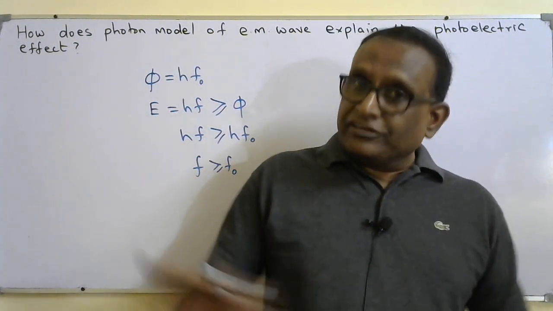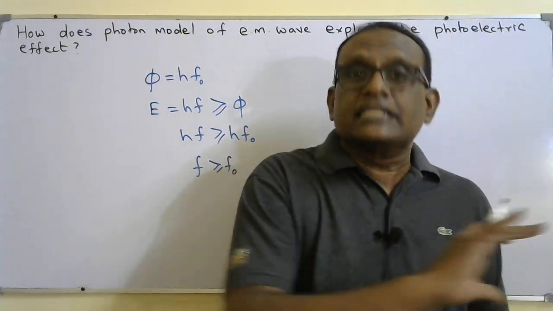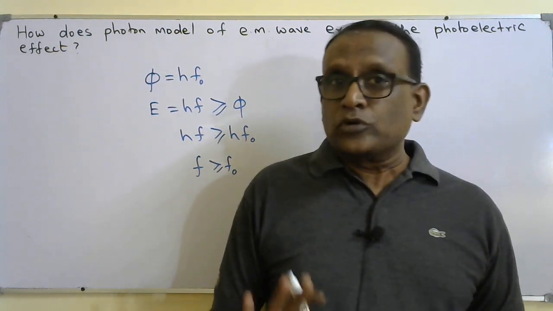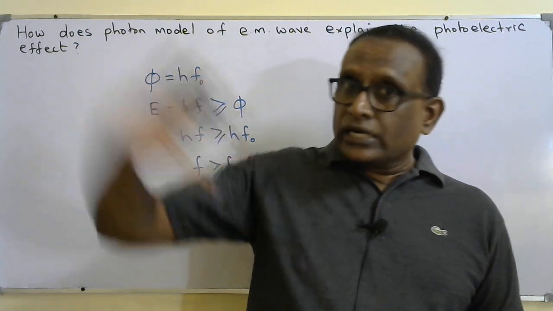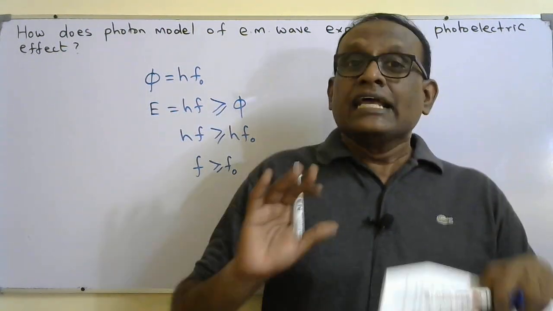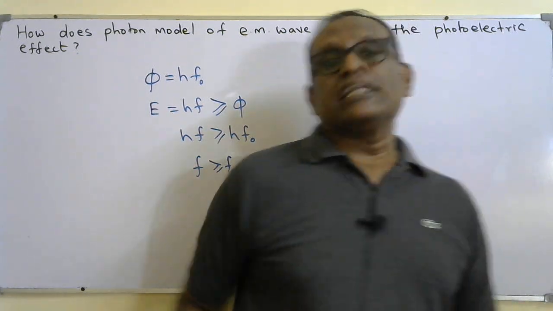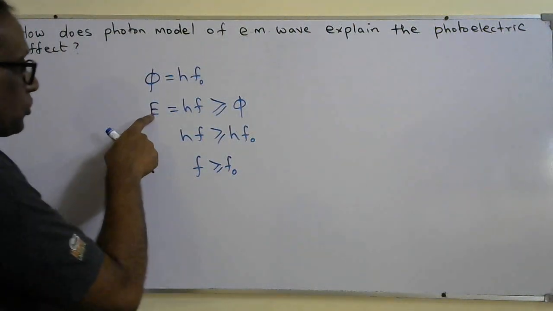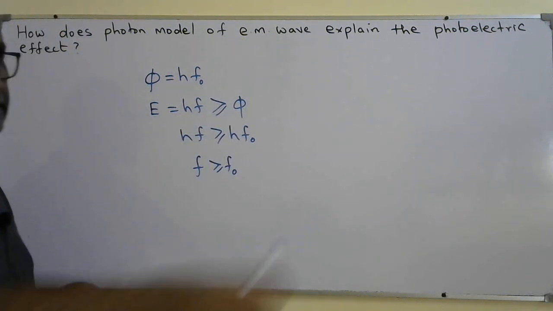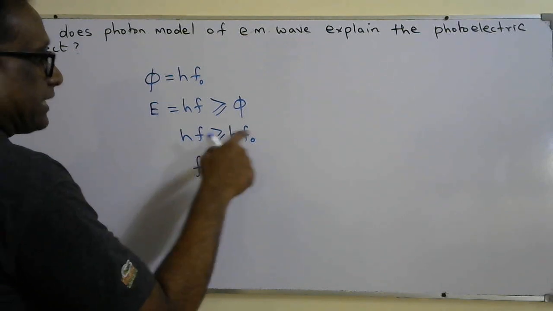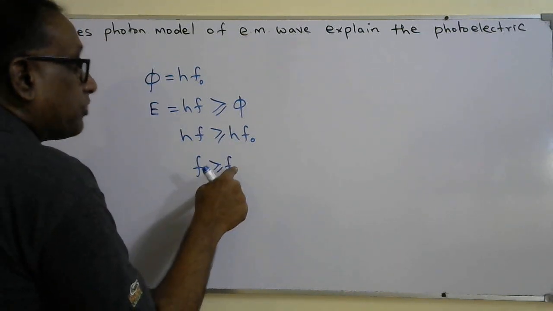Wave theory says any frequency must be able to remove an electron because there they consider the whole intensity of the wave. But here Albert Einstein proposed that the ability of removing an electron does not depend on the whole energy or the intensity of the radiation. It depends only on the energy of each and every photon. So hf must be greater than hf naught, meaning the frequency of the radiation must be greater than the threshold frequency.